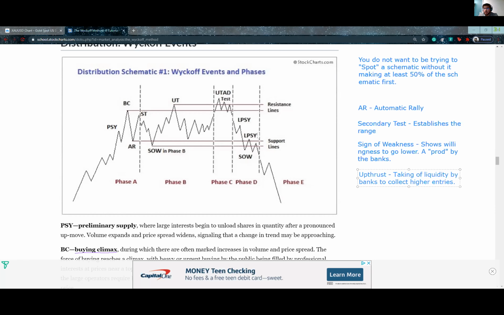Wyckoff schematics, whether it be accumulation or distribution, are simply the breadcrumbs of the banks preparing themselves to make a massive move in a certain direction. So in distribution, it's the banks leaving breadcrumbs of their financial actions within the market algorithm, and it turns out to look like this.